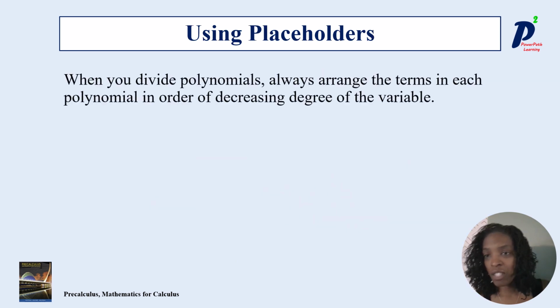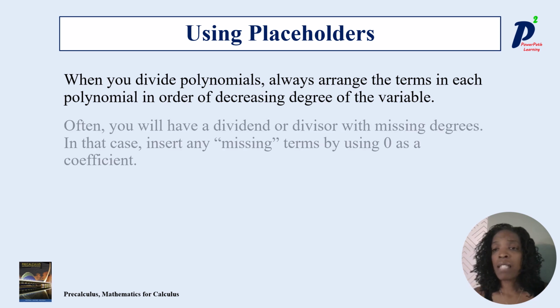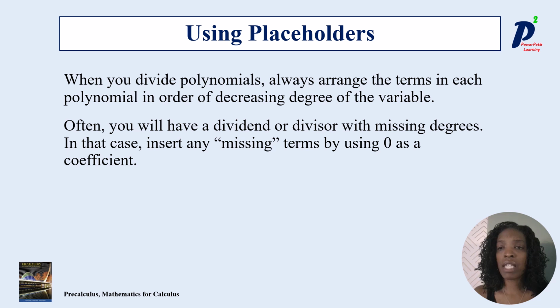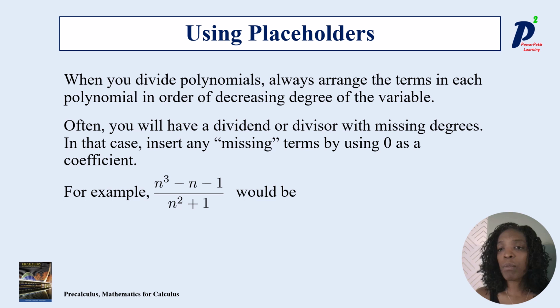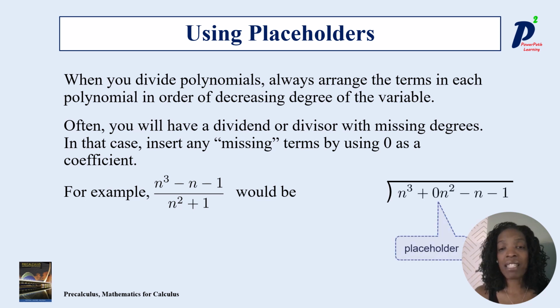When you're dividing polynomials, it's very important to arrange the terms in each polynomial in order of decreasing degree. Sometimes you're going to find that there are missing degrees. If that's the case, we have to use a placeholder with a coefficient of 0. For example, the problem n cubed minus n minus 1 over n squared plus 1 would be n cubed plus 0n squared minus n minus 1.